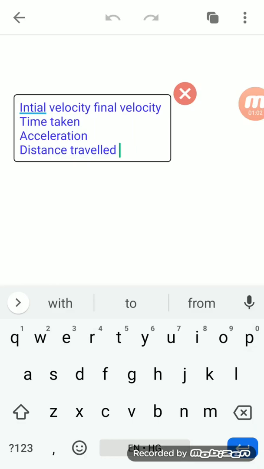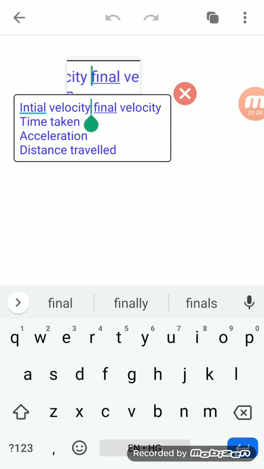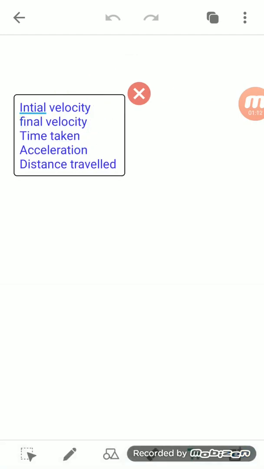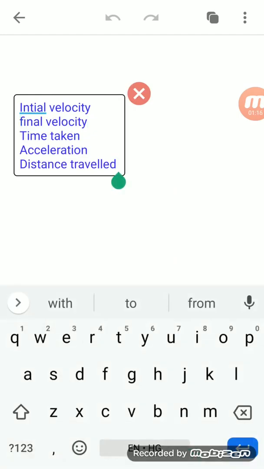So these equations of motion help in establishing the relationship between the initial velocity, final velocity, time taken, acceleration, and the distance traveled.